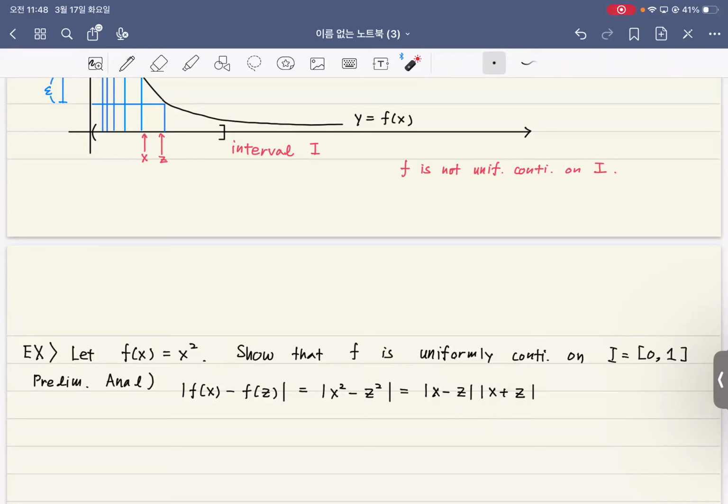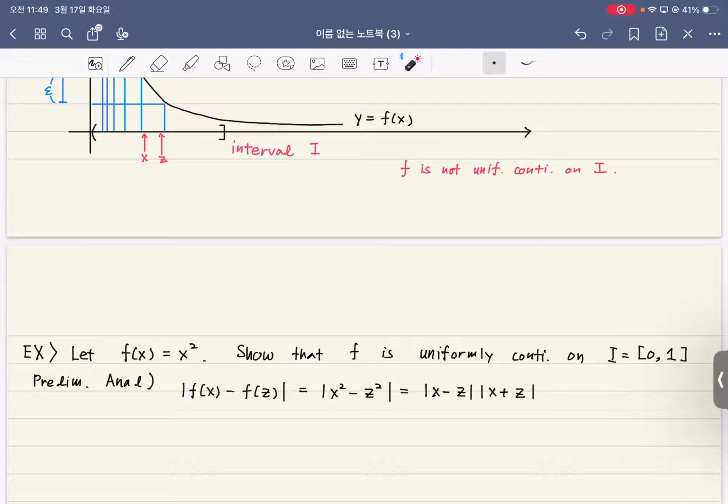How do I find it? It looks like if I can show that this is bounded by some constant multiple of the absolute value of x minus z, then I guess we are good.